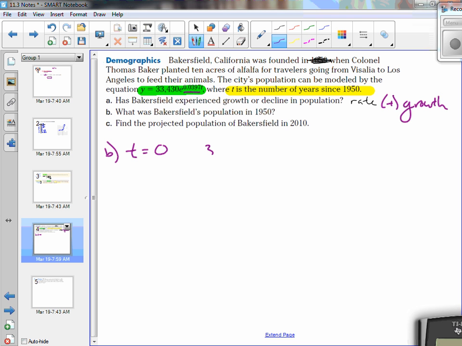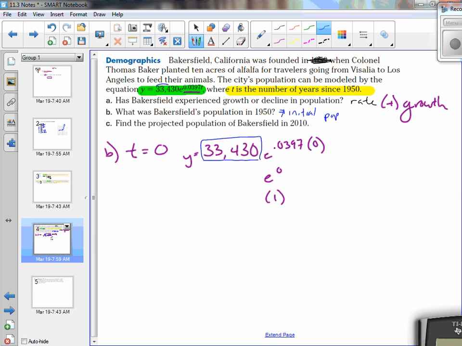And if we put that into our equation, we get e to the 0, and e to the 0 is just 1, so we end up getting 33,430. You could have also done that by just knowing that in 1950, that would be the initial population. And this number represents the initial population, so that works too.